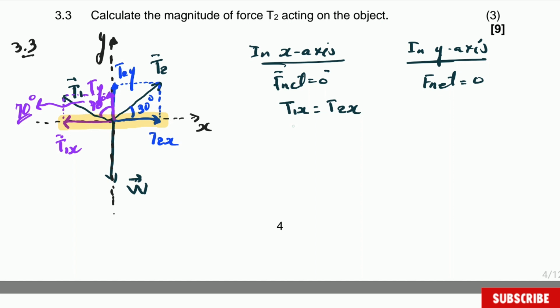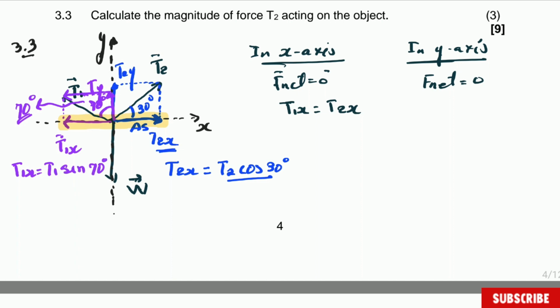Now, let's go to T2 in x here. According to the angles we have, this one is the adjacent side of that angle. So T2 in x is going to be equal to T2 cos 30 degrees, because it is the adjacent side. And if we go to the other side here, to T1, this side will be the opposite. This one is the T1 in x. Because it is the opposite, T1 in x is equal to T1 sin 70 degrees.